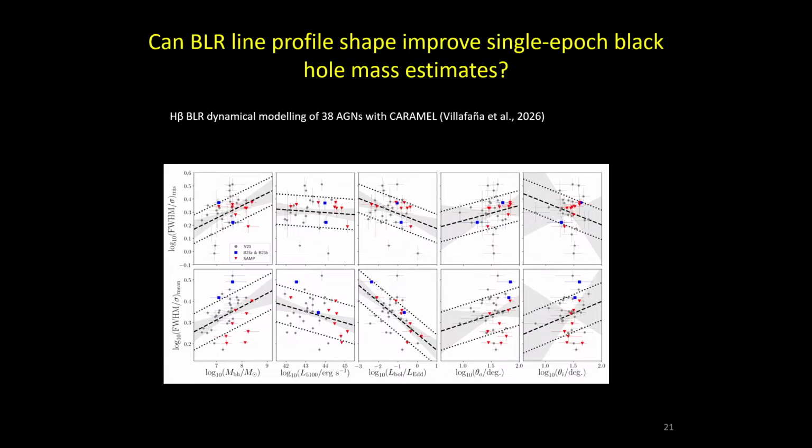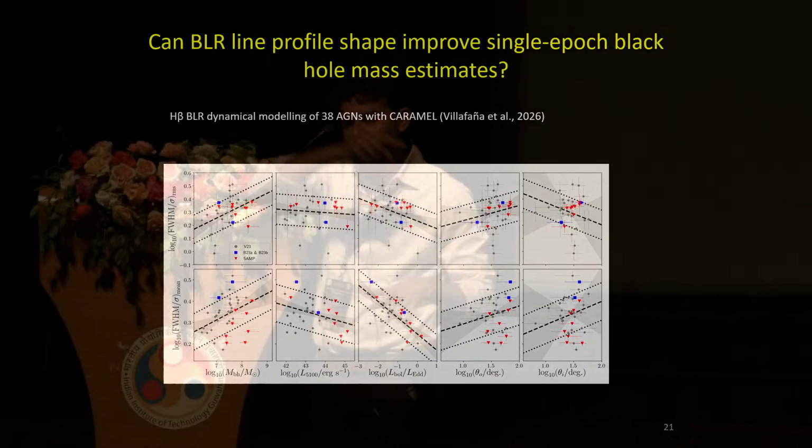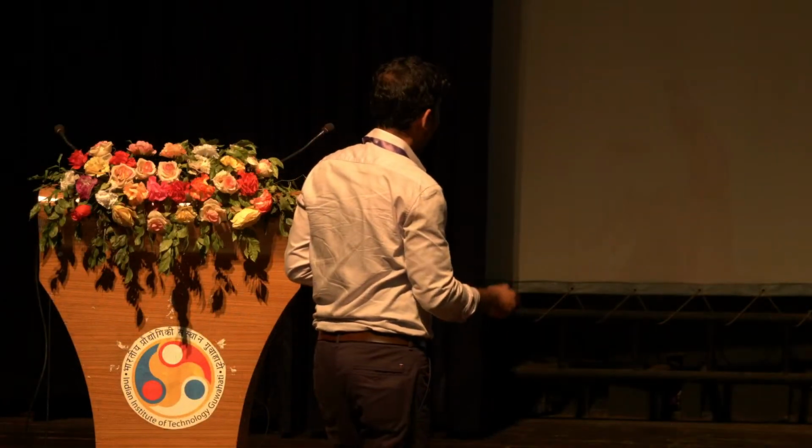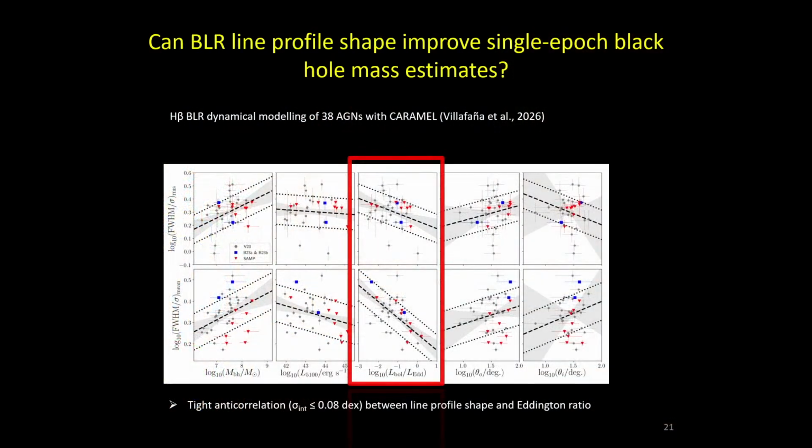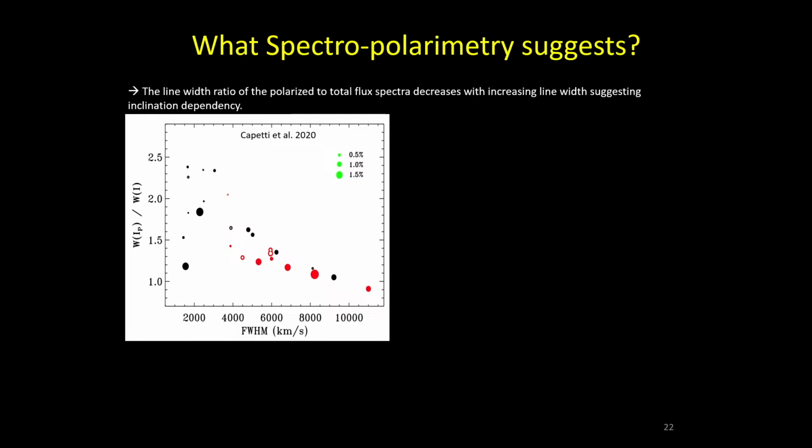For high accreting sources we have a lot of turbulence effect, micro turbulence dominated. So there is a long wing component compared to the core one. You see the Lorentzian profile compared to a simple Gaussian kind of profile. So this is one of the keys that says line profile can improve the single epoch black hole mass measurements, and you need to account for the Eddington ratio here.